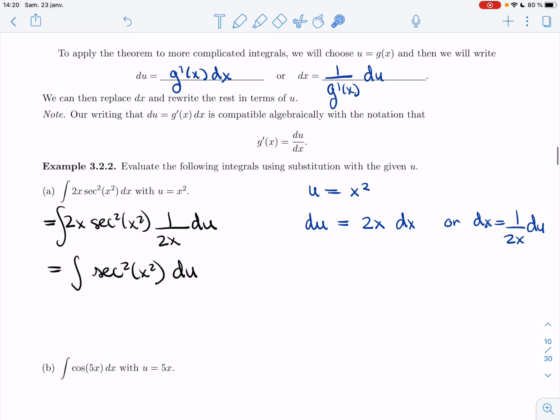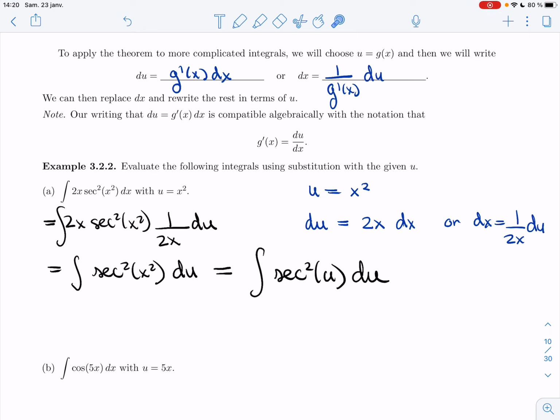Now this is a bit confusing. From this part, the variable I'm integrating against is u, but everything here is in terms of x. So the next step is to rewrite it all in terms of u. I'm going to use the fact that u is x squared, and so whatever's inside here is really just my u. So secant squared of u du.